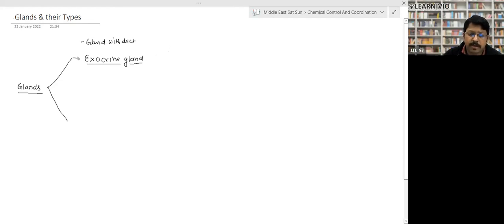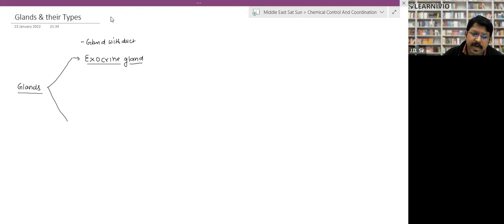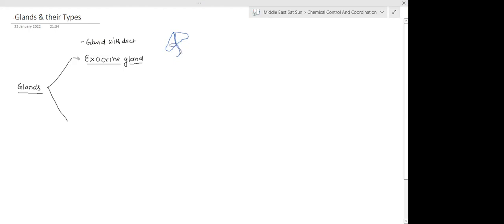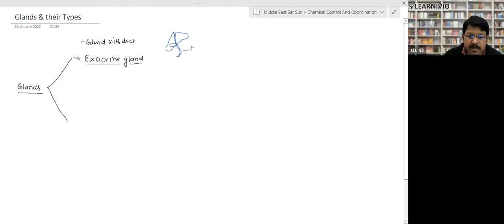For example, we have discussed the liver in the digestive system. The liver has a duct or pipe, which we call the bile duct, and the bile duct pours a special secretion called bile juice.